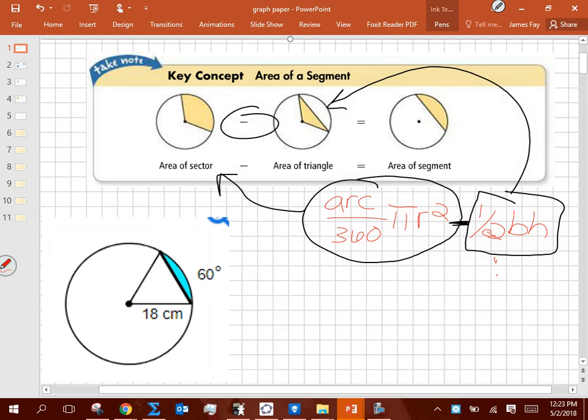But yes, if you want to learn the formula for the area of a segment, by all means, go ahead and learn it. But my hope is that we understand that we've already memorized this at a smaller stage in other problems. This problem is just the combination of those things together. Okay?